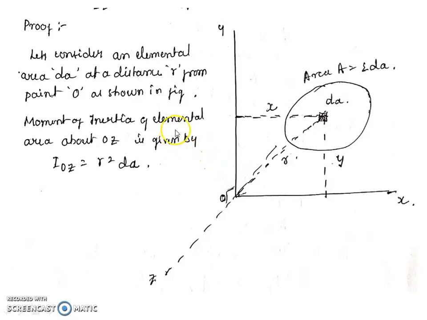From the definition of moment of inertia, I am taking the moment of inertia with respect to the OZ axis. It is area multiplied by the square of the perpendicular distance. So it is given by this expression: moment of inertia with respect to OZ is equal to the elemental area dA multiplied by the perpendicular distance square, that is r square.